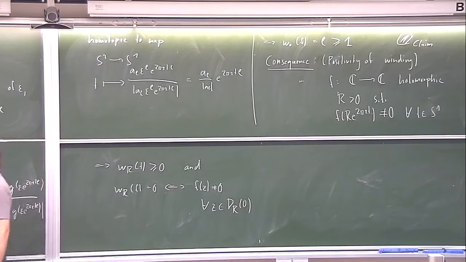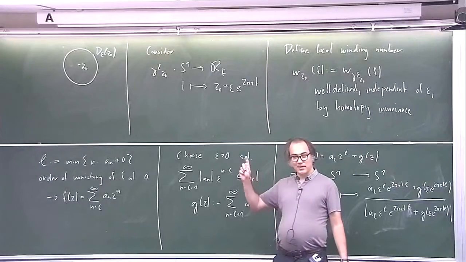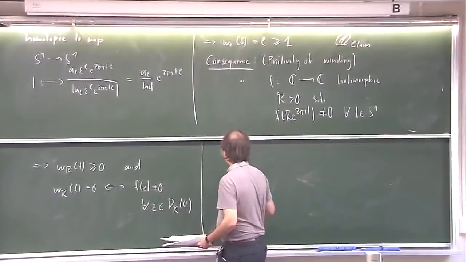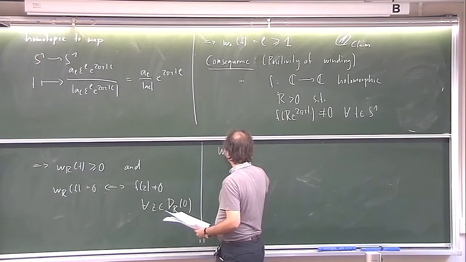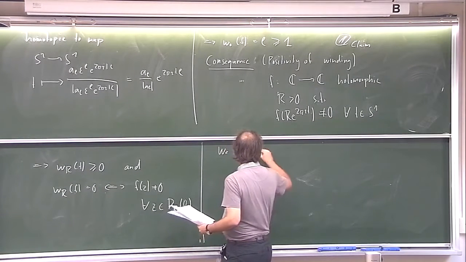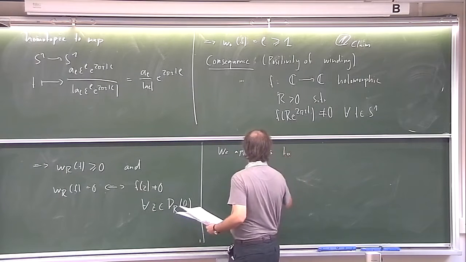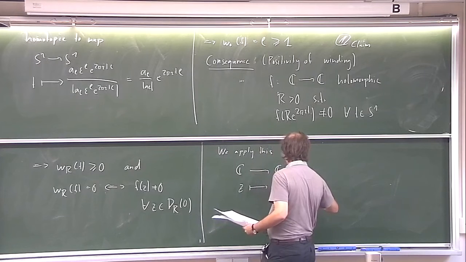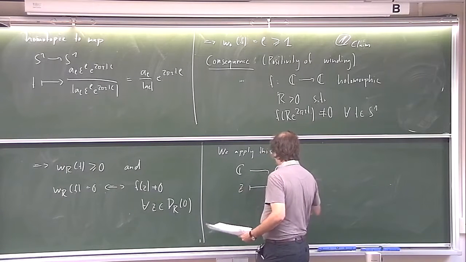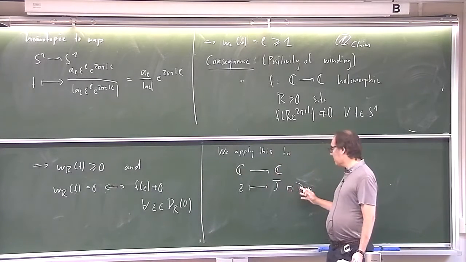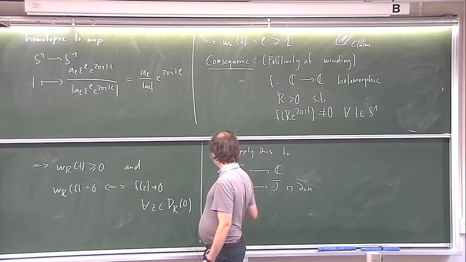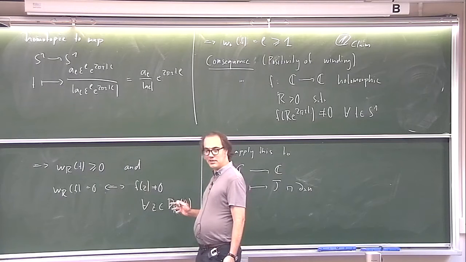And as a matter of fact, our map we are interested in, we apply this to the map C to C, z maps to e^(πτ...), and this is not quite holomorphic, but it's almost holomorphic, and there is the so-called Carleman similarity principle.